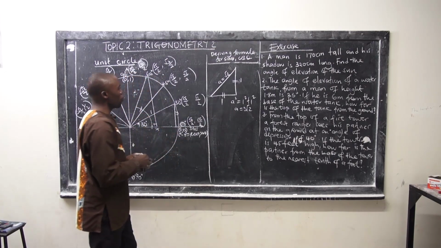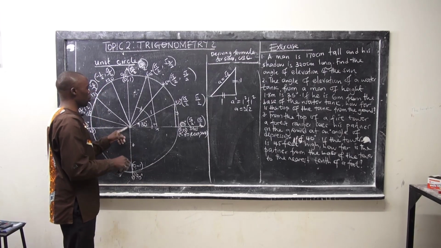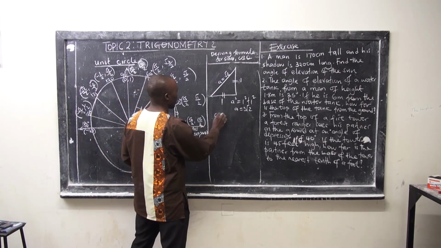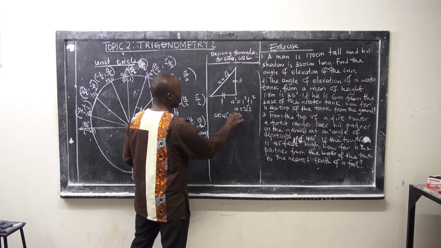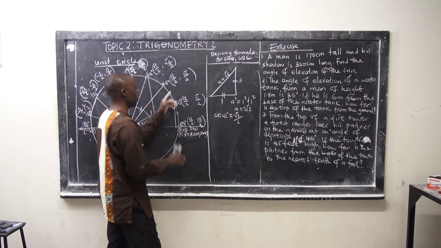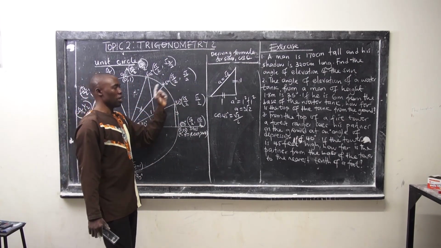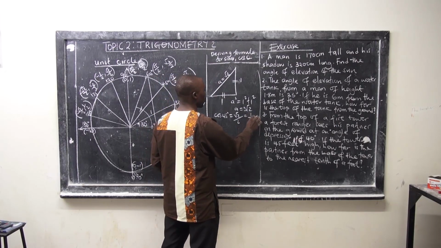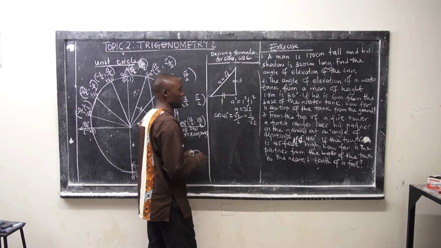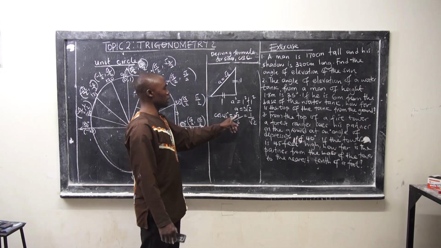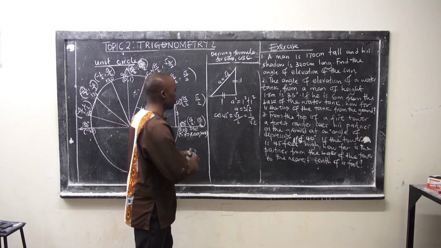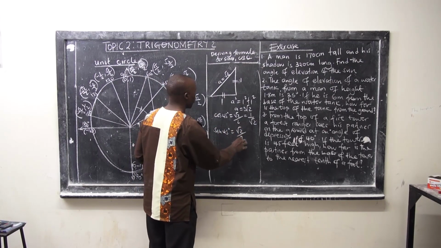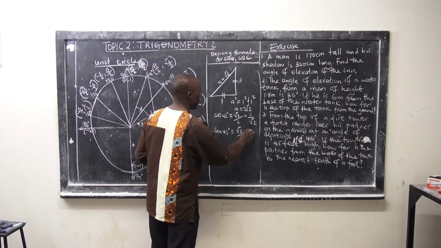So now if we look at 45 here, cos of 45 is root 2 out of 2 from the unit circle, but we can see that it's equivalent to 1 out of root 2 by rationalization. So by observation, this term is the same as this term here, and sine 45 is also root 2 out of 2 from the unit circle.